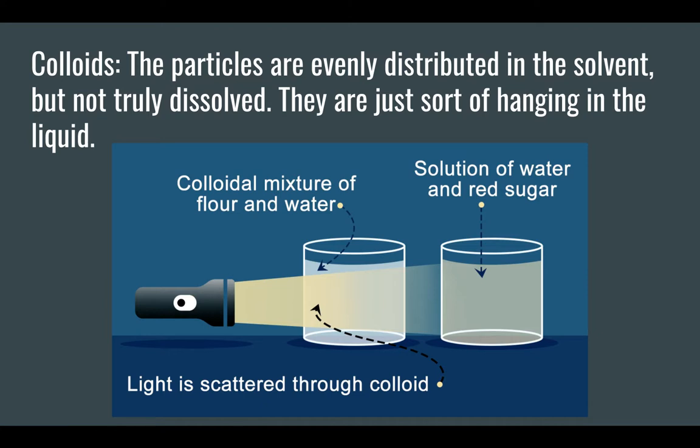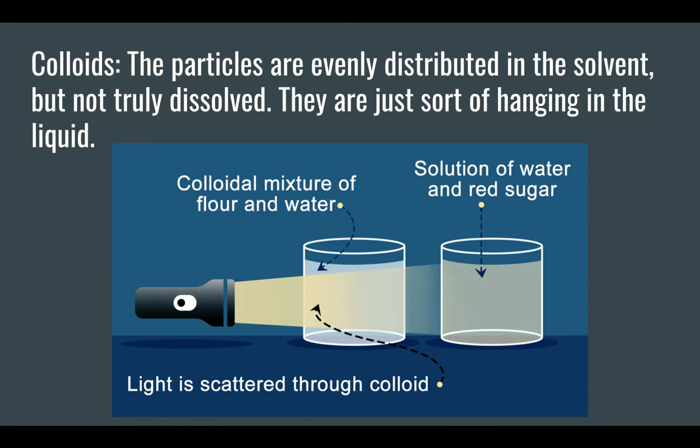We call that a colloid. And you can usually determine what a colloid is by shining a flashlight through it. If you shine a flashlight through it and it looks really cloudy and that light is really evenly dispersed, then that's going to be a colloid or a suspension.